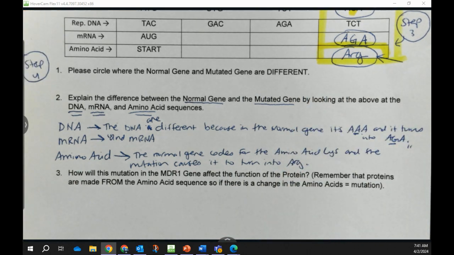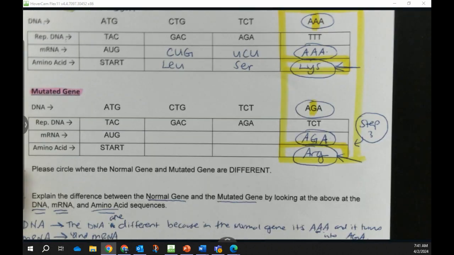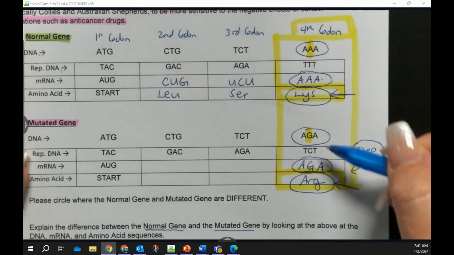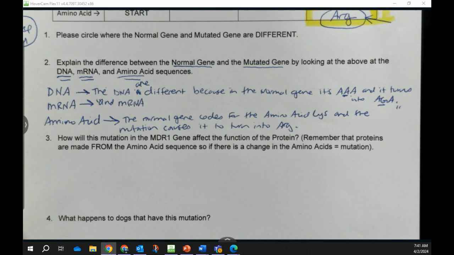That's it. You are just stating what you have already noticed about the table when you look at these three pieces: DNA, mRNA, and amino acid. So that's question number 2.